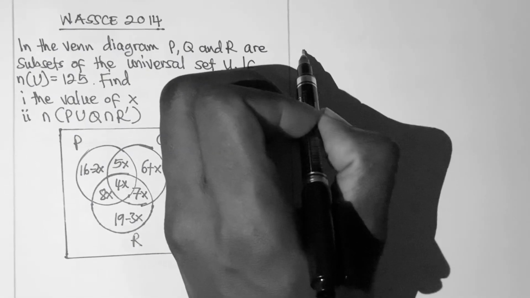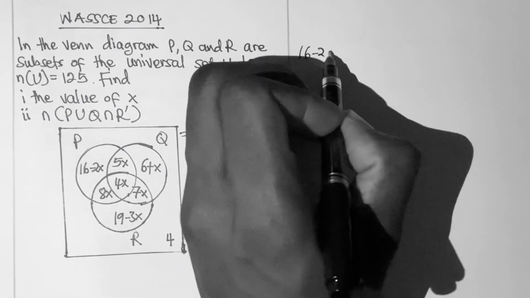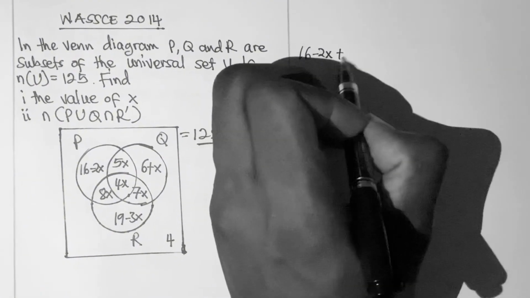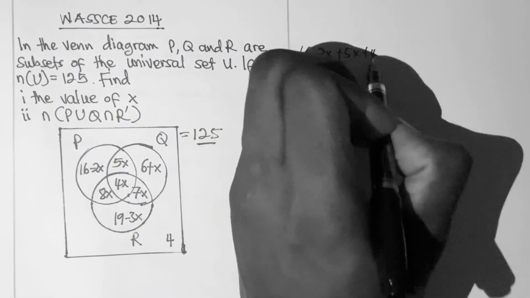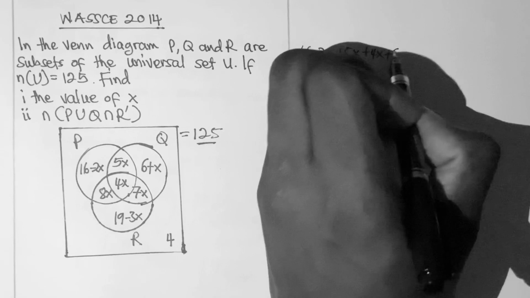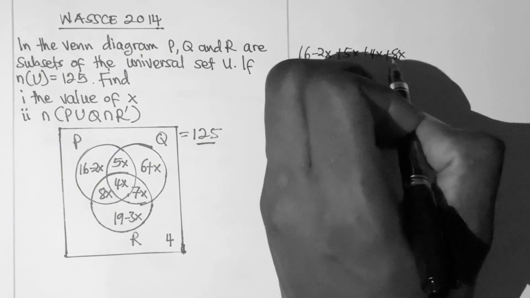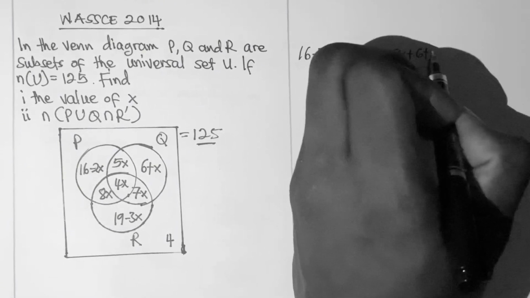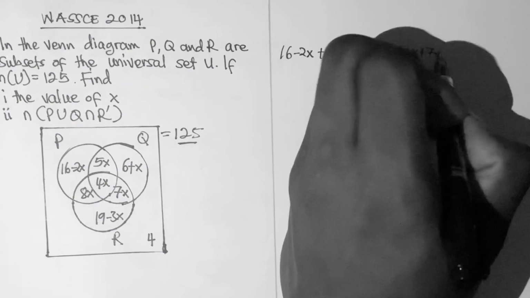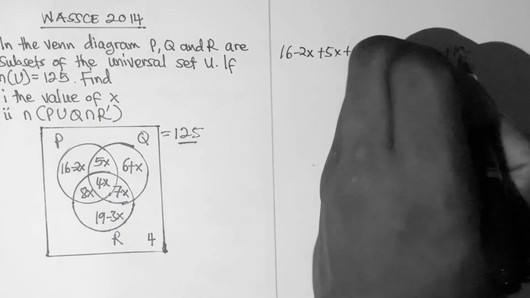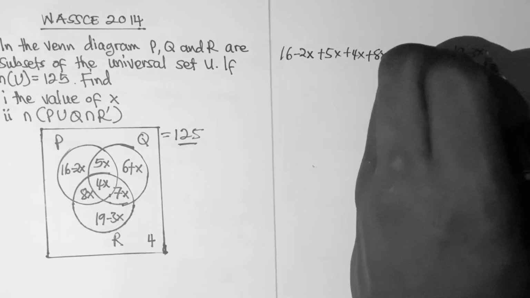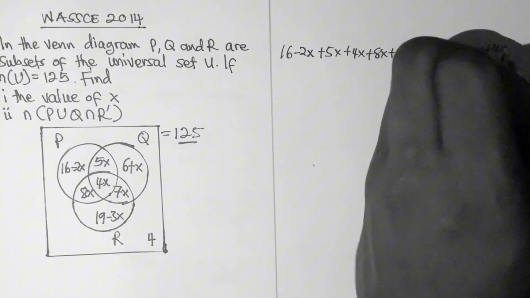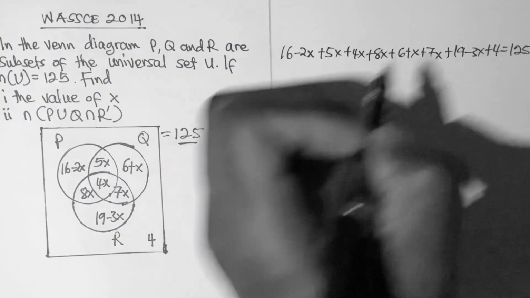So we are going to get 16 minus 2x, then plus 5x, plus 4x, plus 8x, then plus 6 plus x, plus 7x, plus 19 minus 3x, then plus 4 is equal to 125.